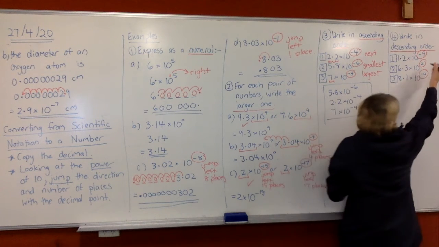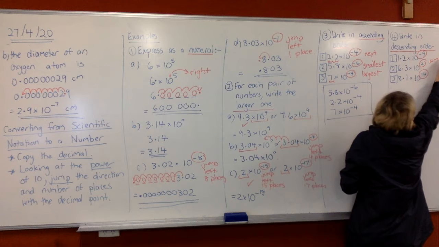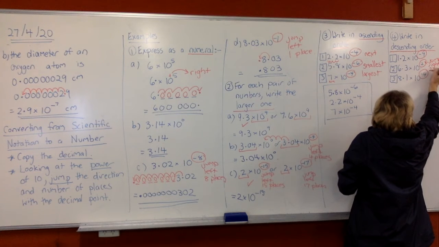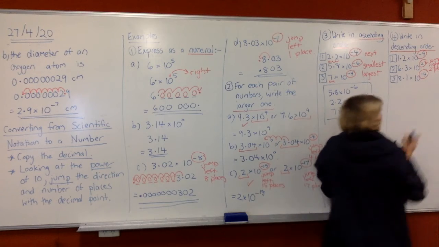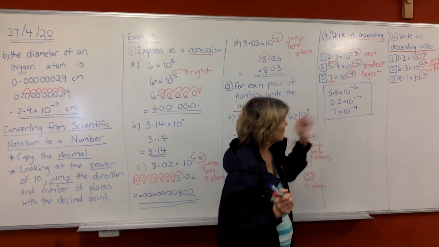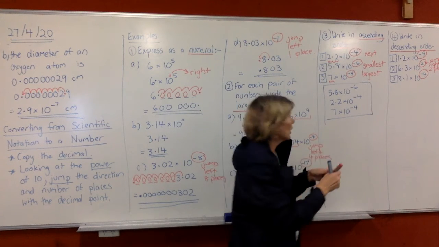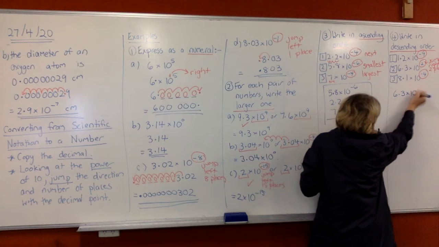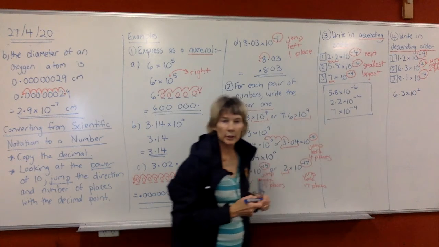So we're jumping right 2 places. The other 2 are jumping to the left, so they're going to be small numbers. So our biggest one is the one where we're jumping to the right. So this is going to be our biggest. So we'll write that down first.